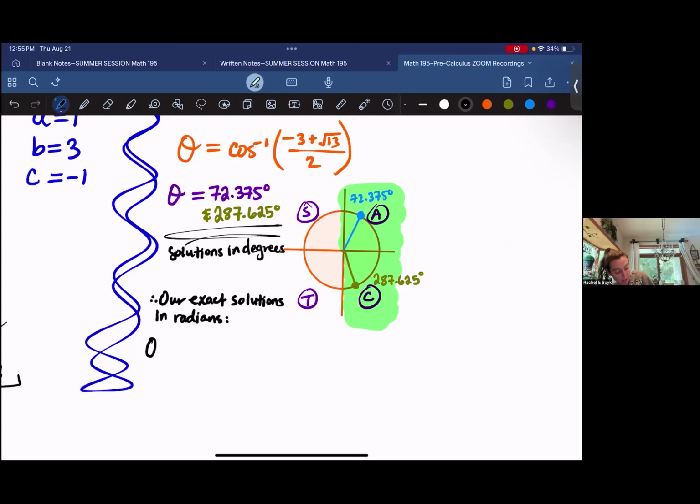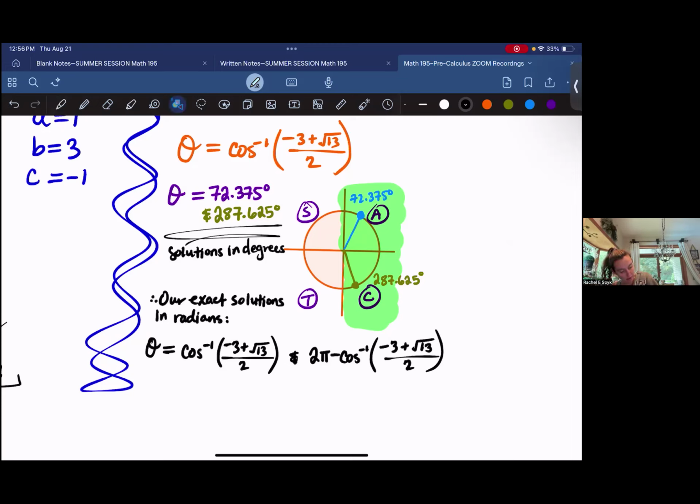We just have theta is equal to the inverse cosine of negative 3 plus the square root of 13 over 2, and then 2 pi minus this, 2 pi minus the arc cosine of negative 3 plus the square root of 13 all over 2.